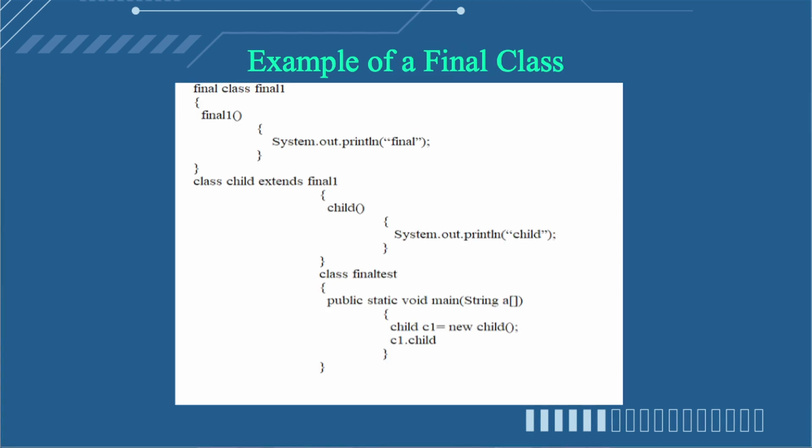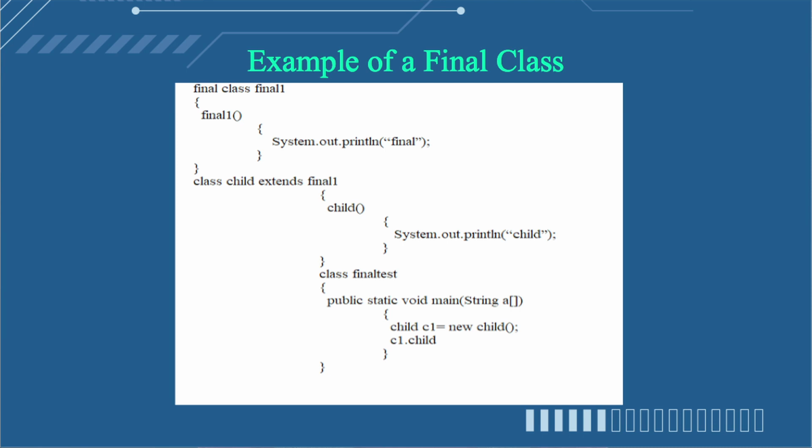Similarly, we will take the third example, of a final class. If I have a class which is declared as final, in this example we have created a class final1. In this class final1, we have defined a constructor final1, and we have also created a class child which extends class final1, and we have defined a constructor in the child class.